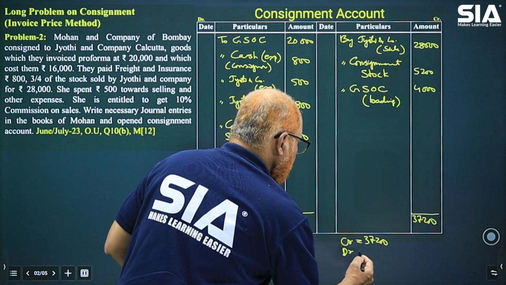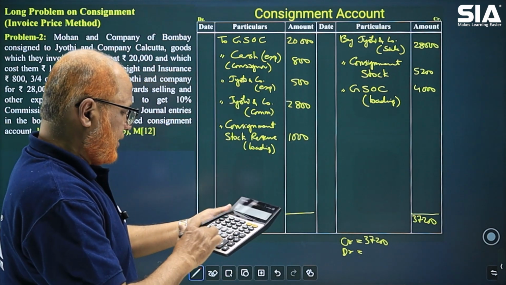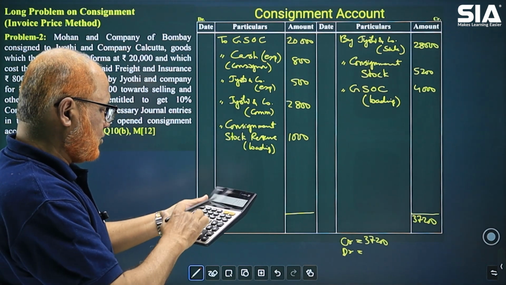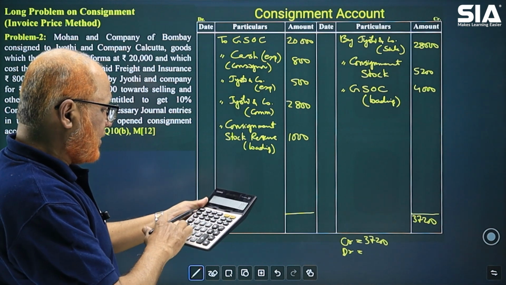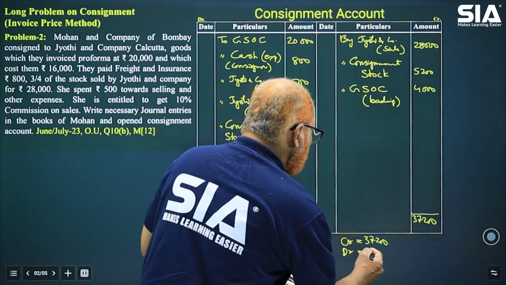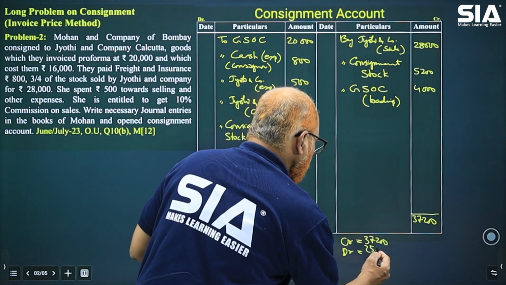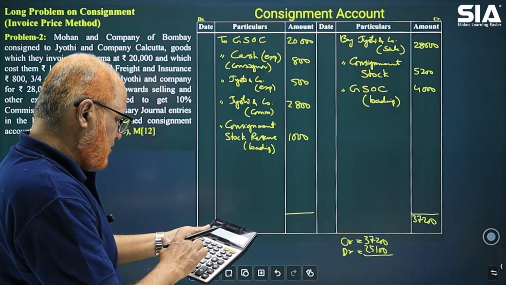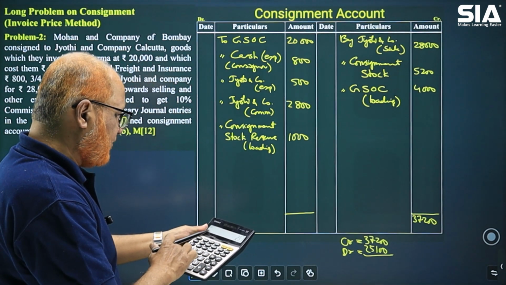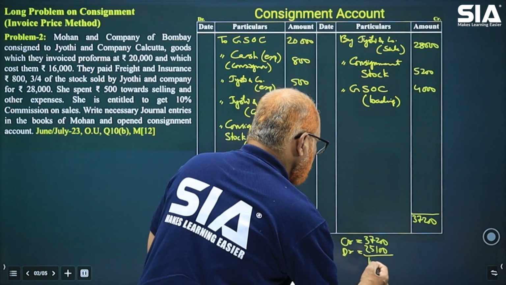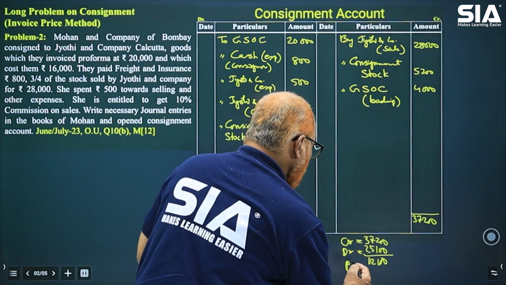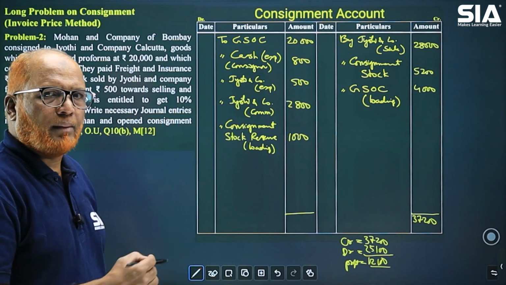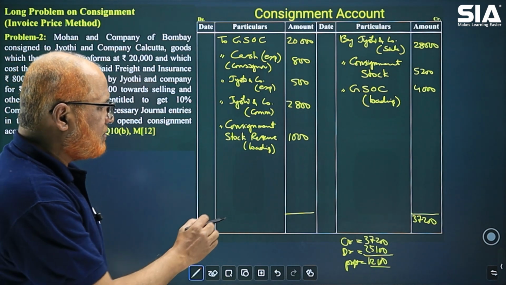Now debit side total I'm finding out. 20,000 plus 800 plus 500 plus 2,800 plus 1,000. It comes to 25,100. Now what is the difference? 37,200 minus 25,100 comes to 12,100. This is the profit, because credit side is more than debit side. So resulting figure 12,100 is the profit.